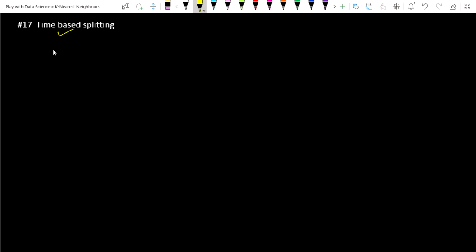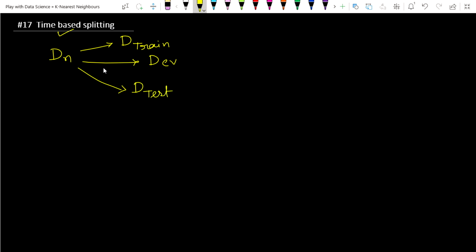So we have a data set. Suppose we have a data set Dn, and we have divided this data set into 3 parts randomly. Suppose the parts are D train, D cross validation, and the last part is D test.